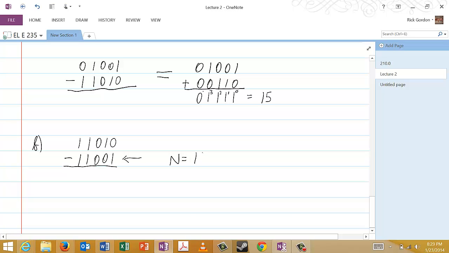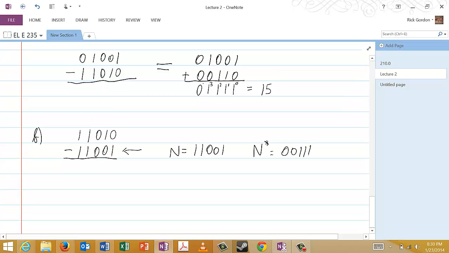And n is equal to 1, 1, 0, 0, 1. Instead of subtracting n, we are going to add n star, where n star is the 2's complement of n. Remember, the way that we do this is move from right to left, complementing everything to the left of the first one. So we would get 0, 0, 1, 1, 1.